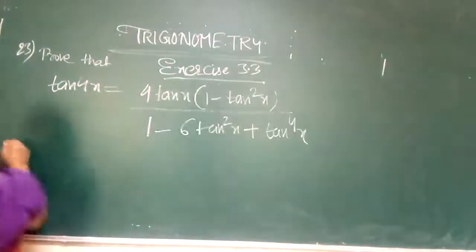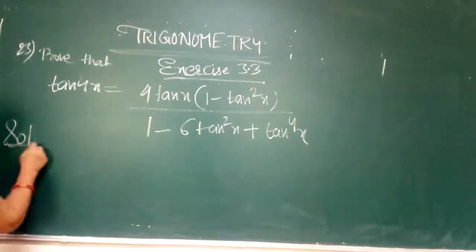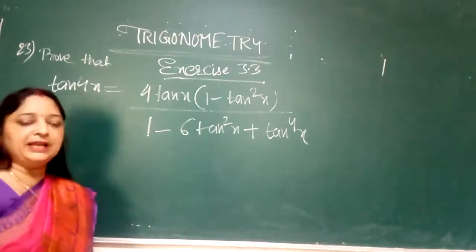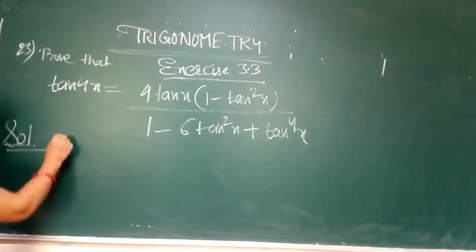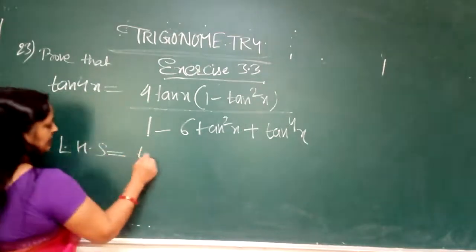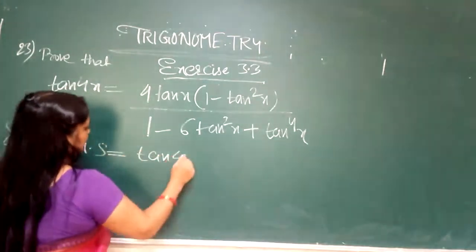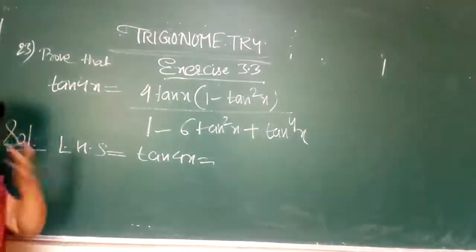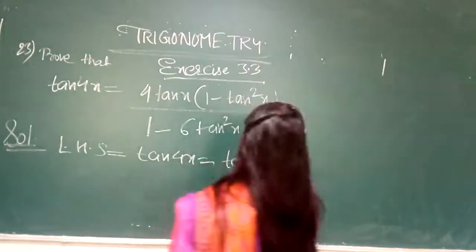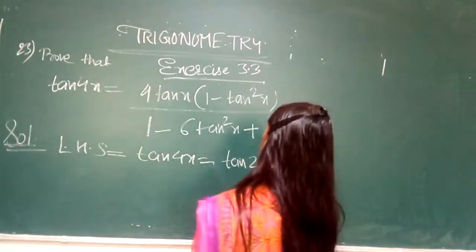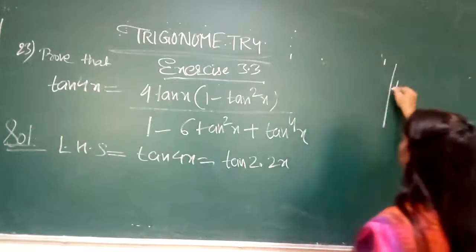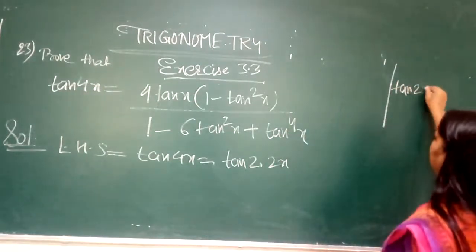Now we start the solution. Which term will we take here? Here we can apply the formula. So take the left hand side. What is the left hand side? That is tan 4x. Now students, we can break this term tan 4x as tan 2 into 2x, because we know the formula of tan 2x. What is the formula of tan 2x?